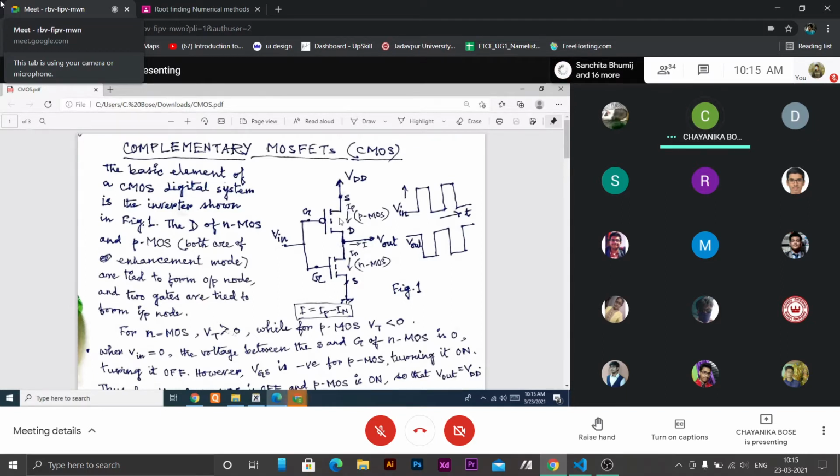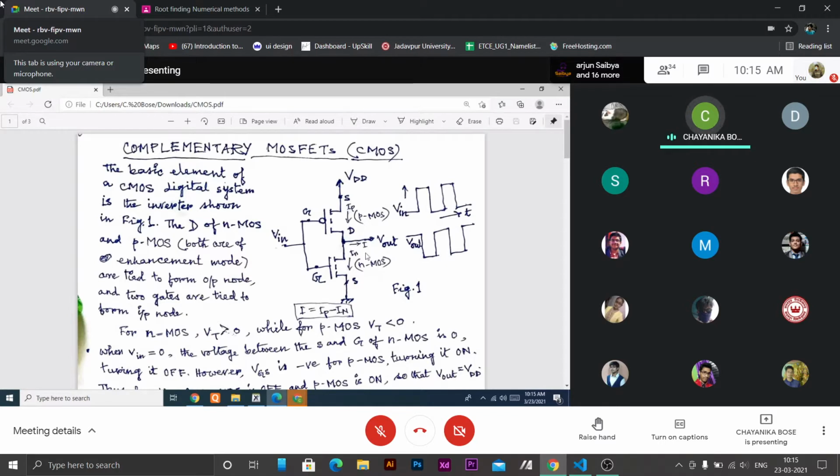That means when V input is 0 here, this switch is off and this switch is on. For ideal switch, we will assume that no power, no voltage drop will occur across this. So when it conducts, switch is on, this supply voltage will automatically appear here.